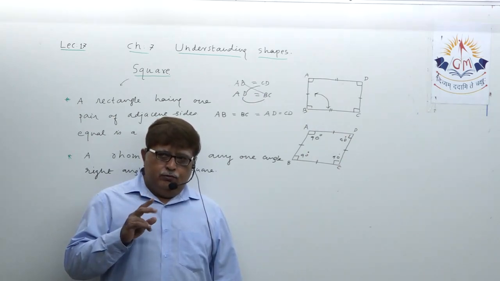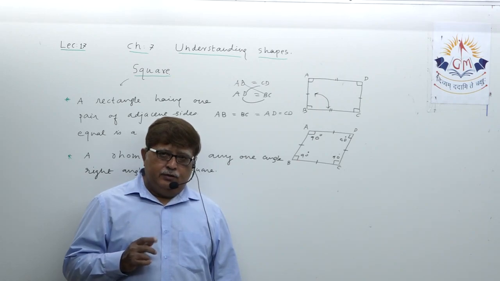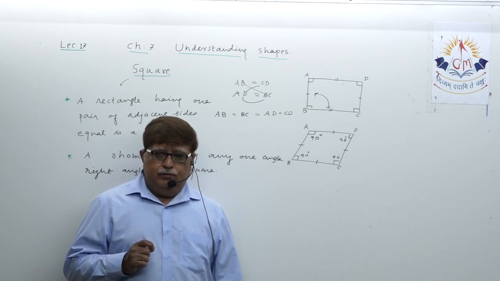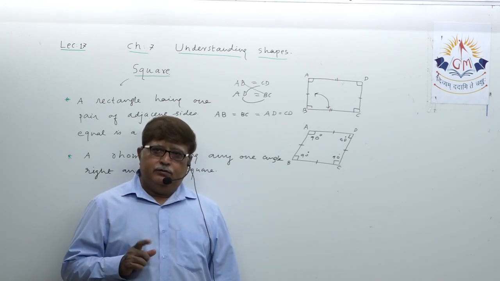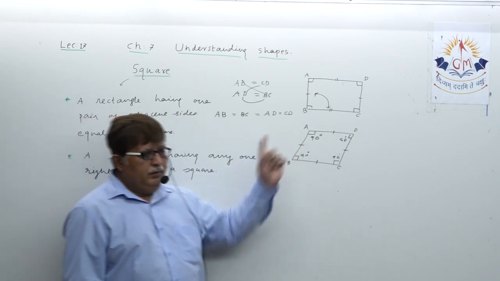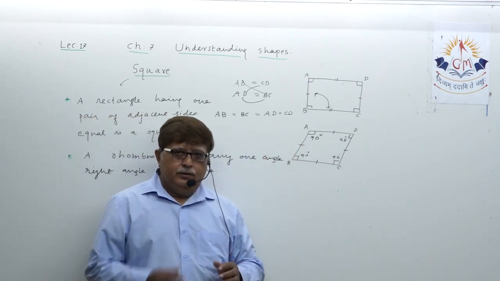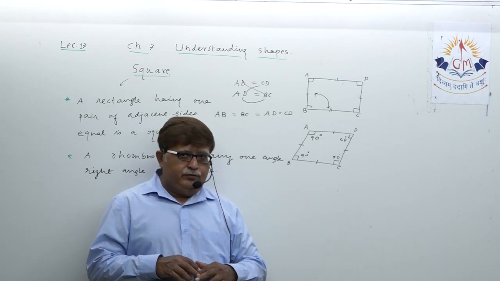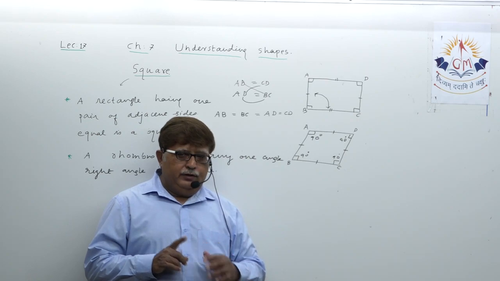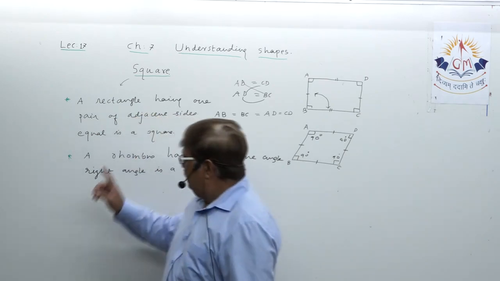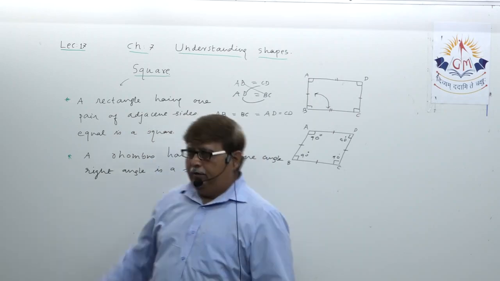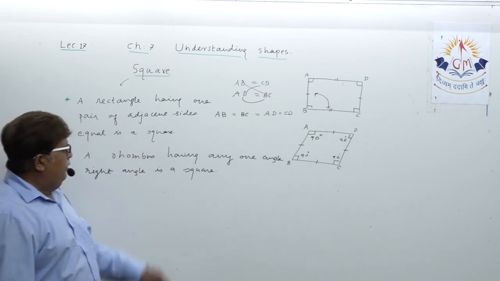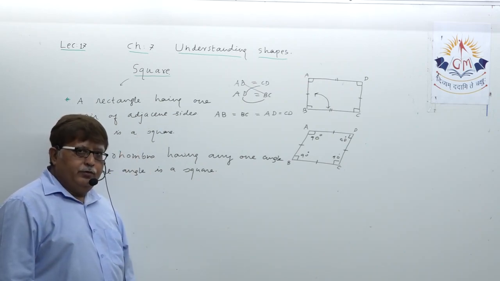But two quadrilaterals can become a square subjected to one particular condition. A rectangle can become a square when you define it in this way, that a rectangle having one pair of adjacent sides equal becomes a square.